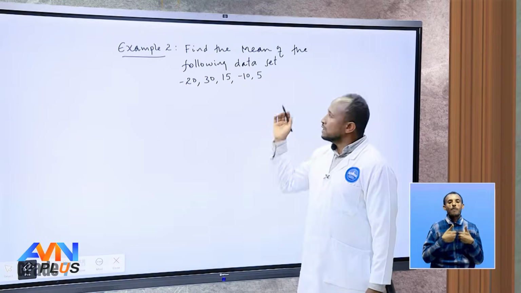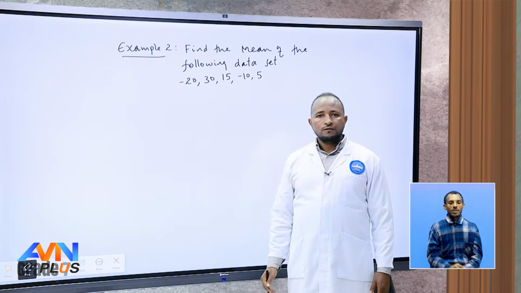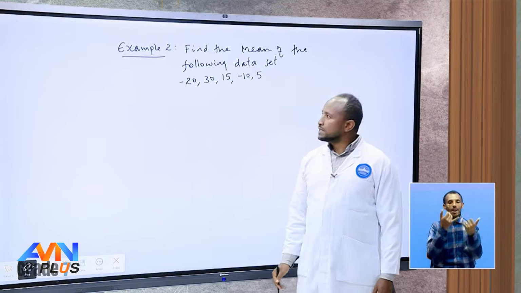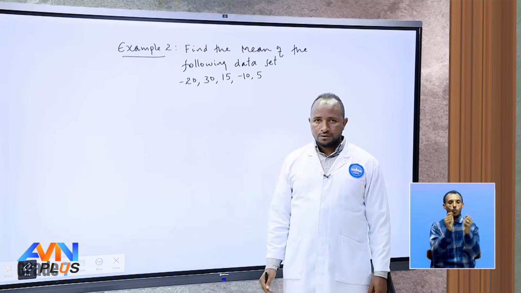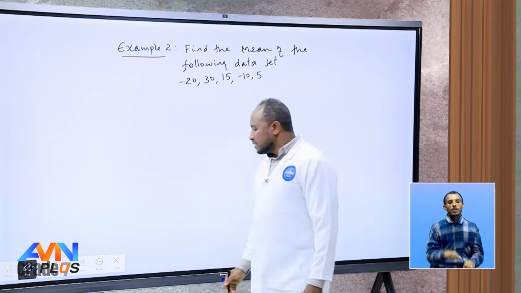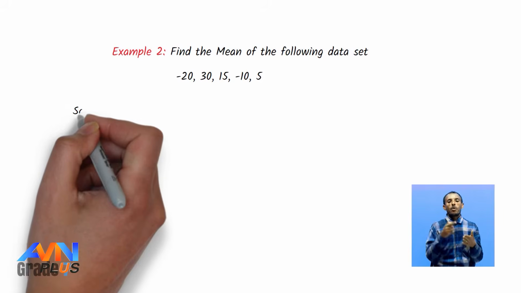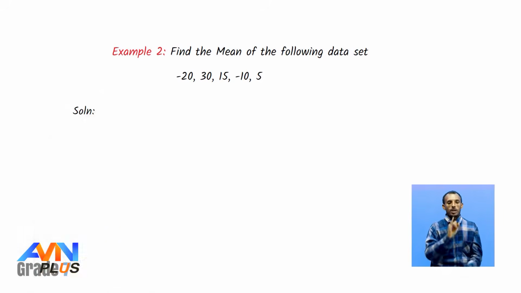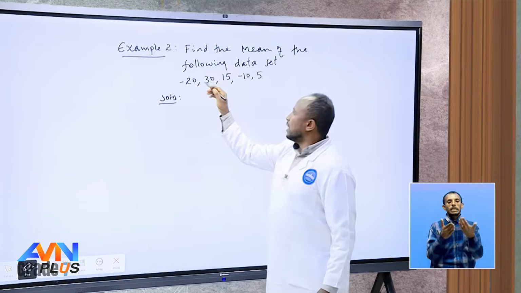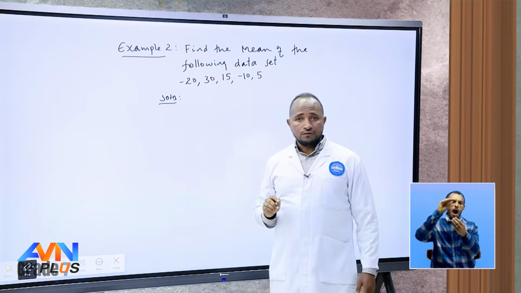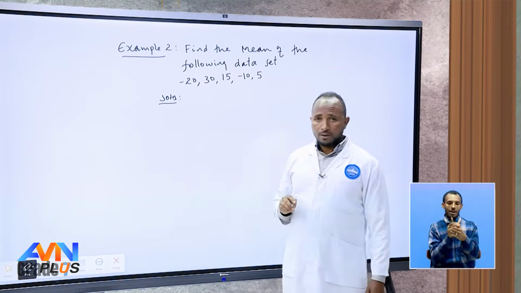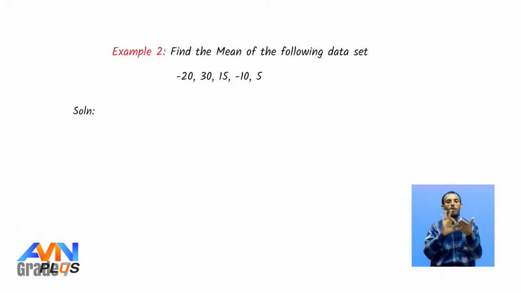Have you tried the question? Very good. Now, let's see the answer together. To find the mean here, simply you add all the data set and you divide by the number of data. We can use x bar for mean.